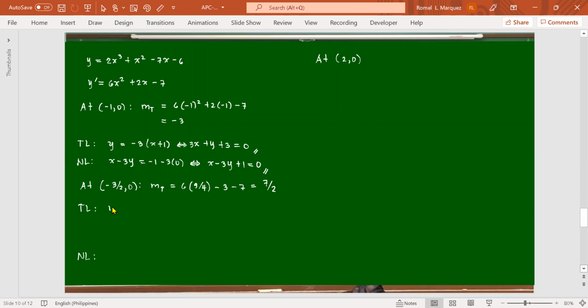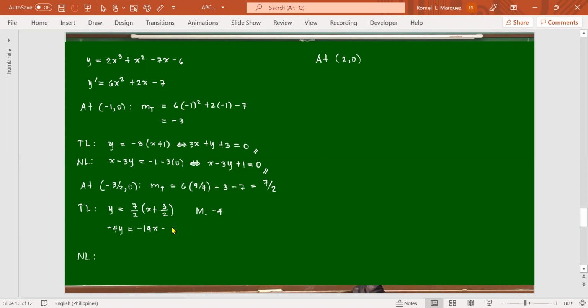Tangent line is given by y minus 0 equals 7/2 times x minus negative 3/2, no? Multiply by negative 4. So we have negative 4y. So this is negative 2, times 7, negative 14, x minus negative 2 times 7 times 3/2.